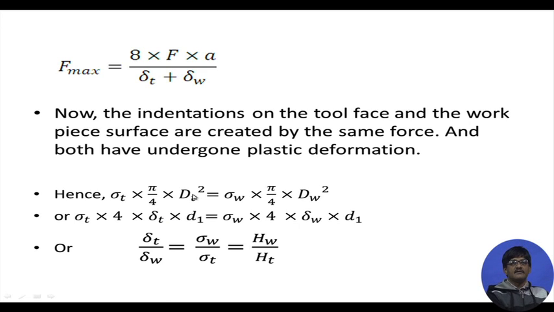By replacing big Dt, we get delta t into d1 and delta w into d1. d1 cancels, the 4 cancels out, and we ultimately have the relation that delta t by delta w is equal to sigma w by sigma t, which is equal to hardness of workpiece by hardness of tool.